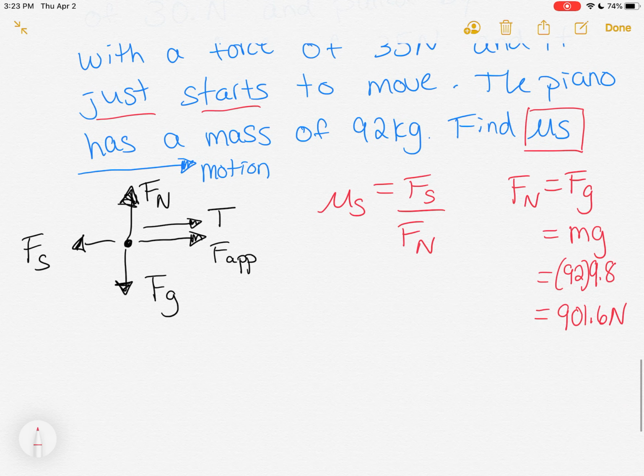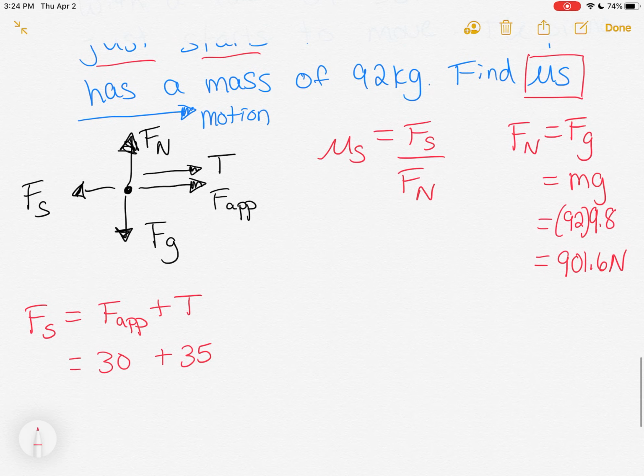Okay, but unlike the last problem, I don't have my applied force just opposite my Fs. I have a tension and an applied force equal to my Fs. So that means my Fs must actually be equal to my F applied plus my tension. So my applied force was 30 newtons and the tension was 35. So I'm getting a total there of 65 newtons.